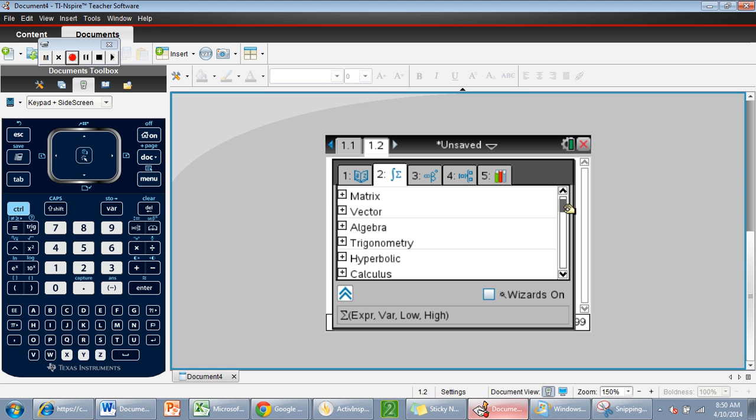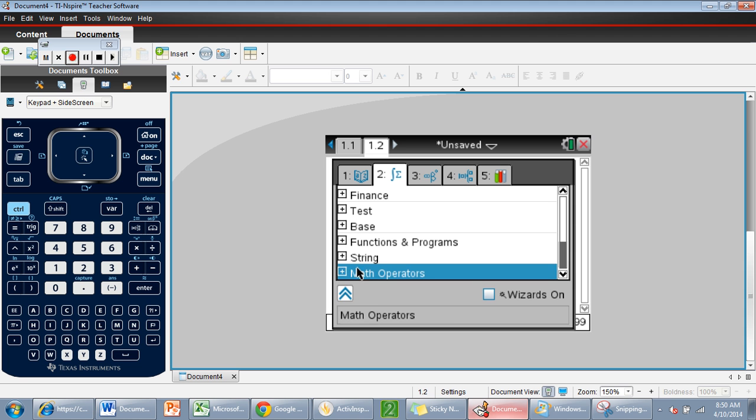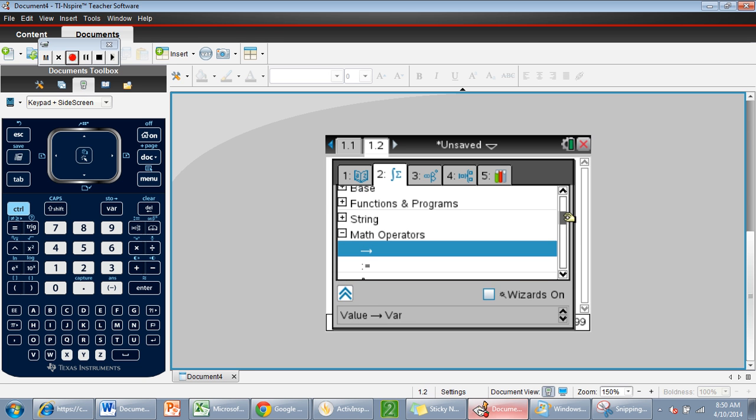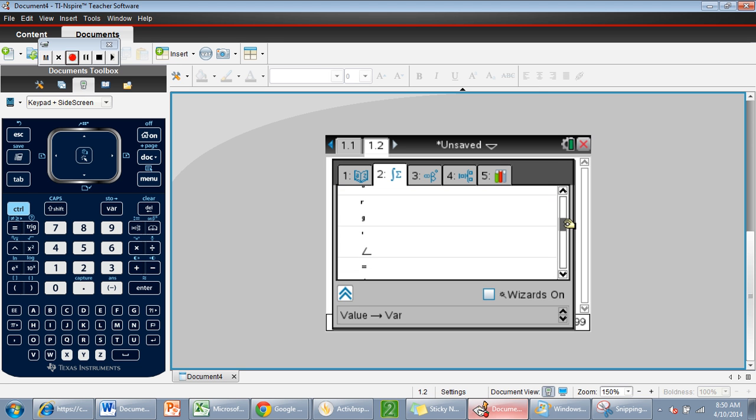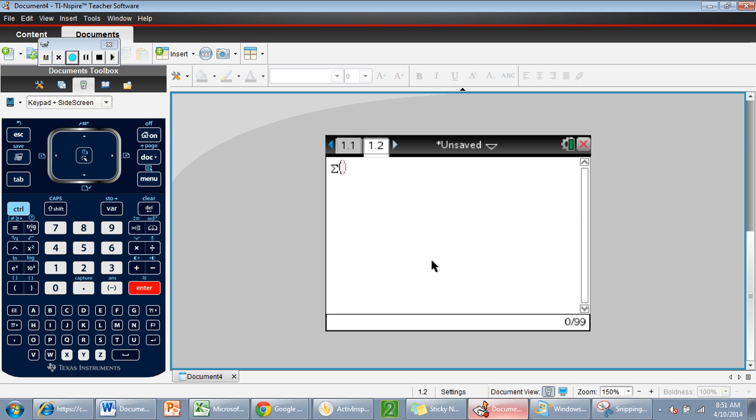Then you scroll all the way down to mathematical operators, and you click that plus sign, and it opens up all the options that you have. Again, you're scrolling down until you find that sigma. Once you find the sigma, you click it and then hit enter, and it comes up on your screen.